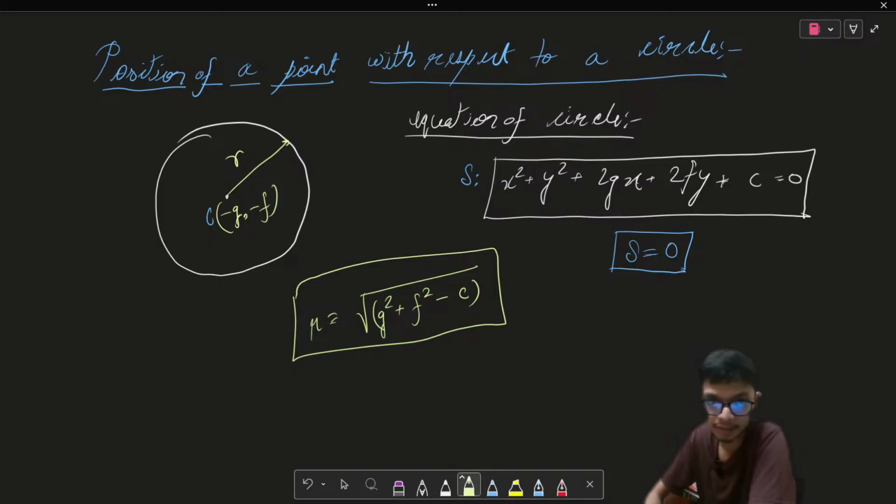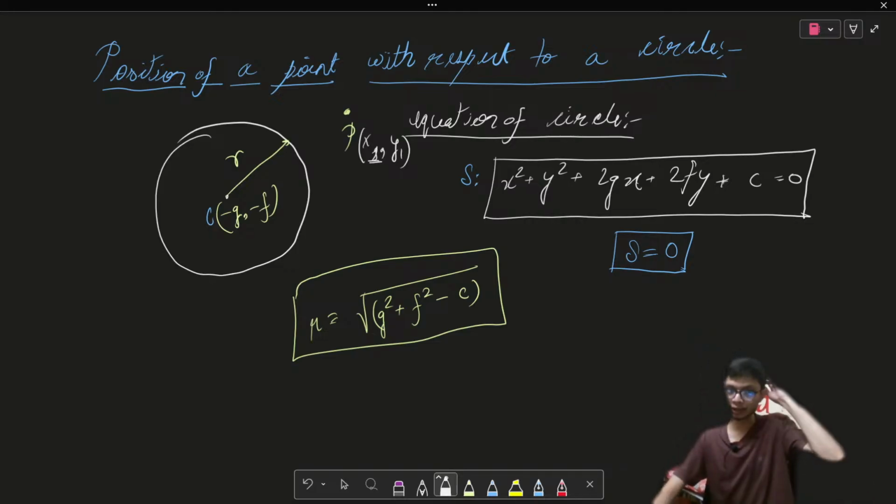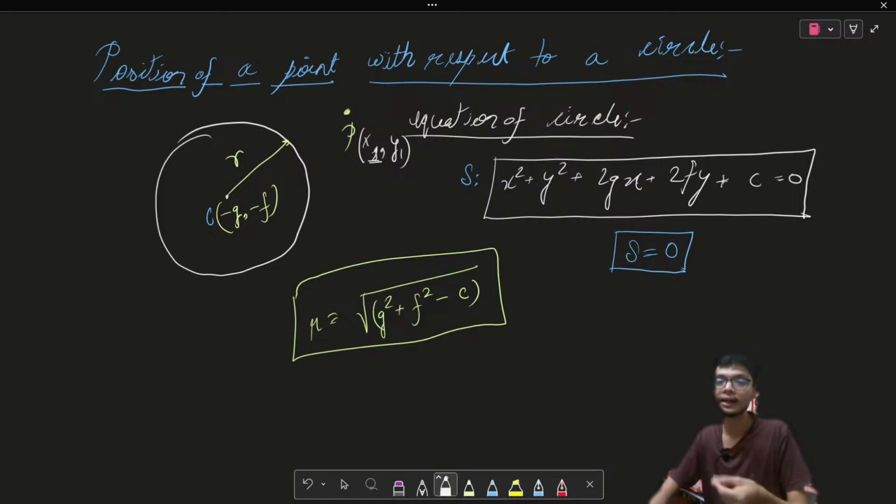Now how am I going to decide, for any point, let us say alpha comma beta, or maybe let us say x1 y1? I'm going to use the standard nomenclature x1 y1. So let us say x1 y1 is a point P, right? Now how am I going to decide whether this point P is lying inside the circle, on the circle, or outside the circle?